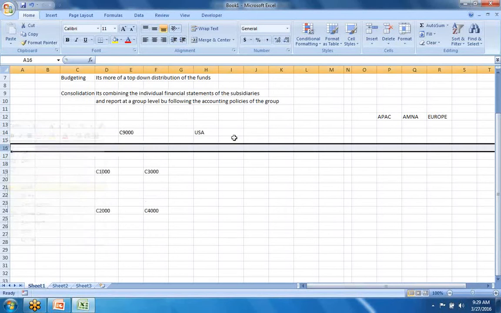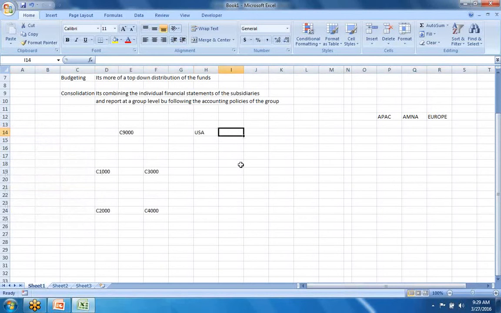It is my parent company. So I also say it as parent company. The other terminologies for this are group company, or I can also say holding company. C1000 is located in Germany. C2000, let us assume, is located in UK.